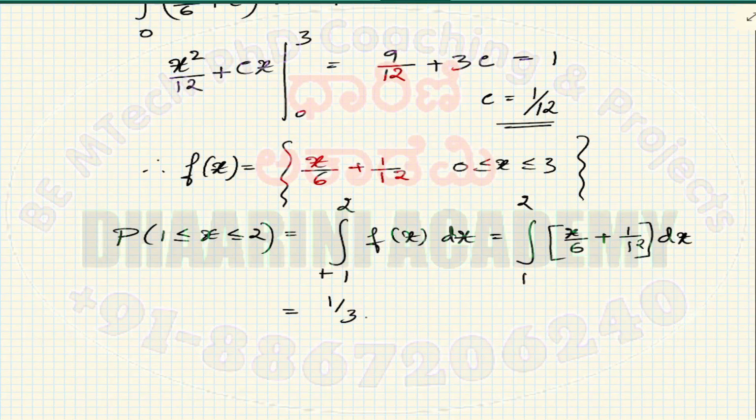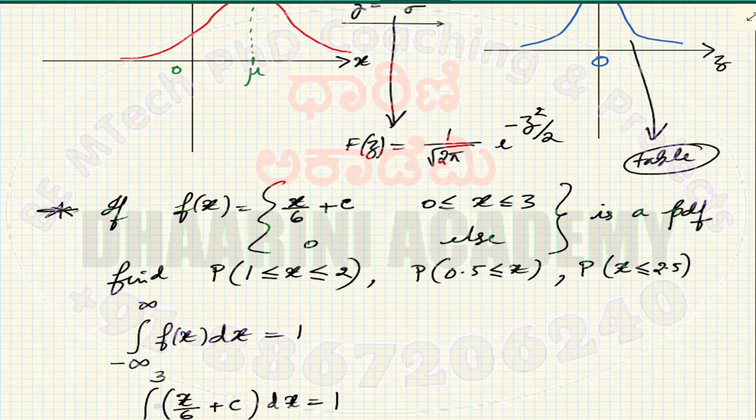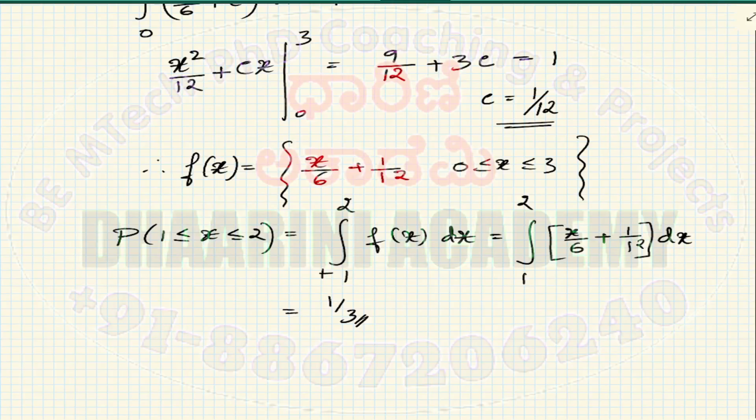All right. Now, the next question says the probability that x is greater than 0.5, right? Probability that 0.5 is less than or equal to x. What integration can we do here? We have to find all the values more than 0.5. So the minimum value is 0.5, going to infinity, but I know that this function is only till 3. After that it's not there, so you just have to integrate till 3.